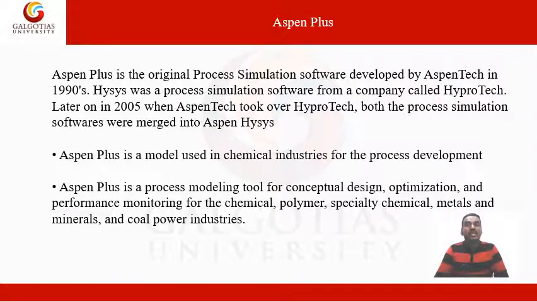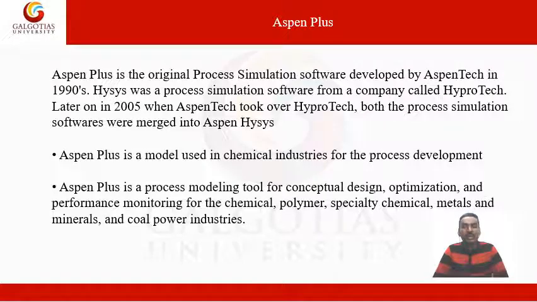Next is Aspen Plus. Like ChemCAD, Aspen Plus is one of the simulation softwares developed by Aspen Technology. Here HYSYS was the process simulation software from a company called Hyprotech. Okay, so the process simulation softwares are merged with the Aspen HYSYS.